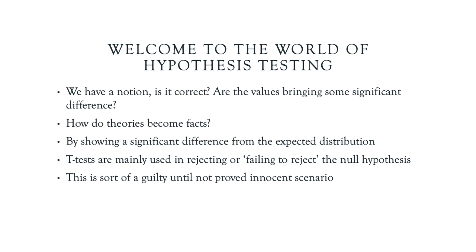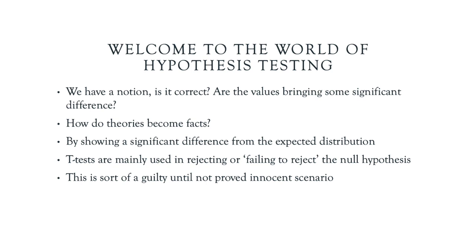How do you do that? Well, this is more of a guilty until proven innocent sort of a thing. There is a null hypothesis. The null hypothesis says that your value is, well, a part of this distribution. It is very close to the mean, and I don't think you've done anything significant. And we reject the null hypothesis to prove our point.